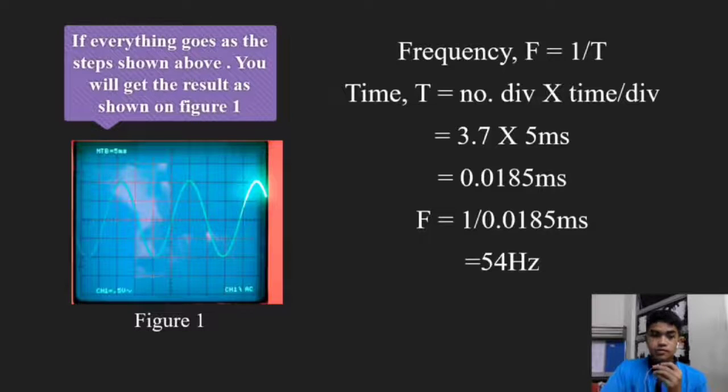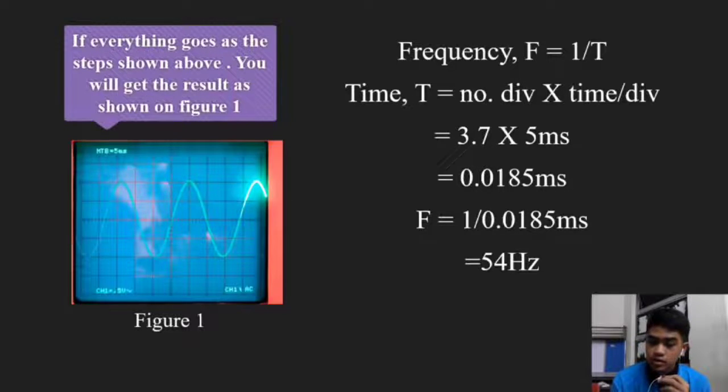If everything goes as the steps shown above, you will get the result as shown in figure 1. Now we need to find our frequency, but before that, we don't know our T, or time. Using the formula and the number of divisions on the oscilloscope screen, we got 3.7 times 5 milliseconds.